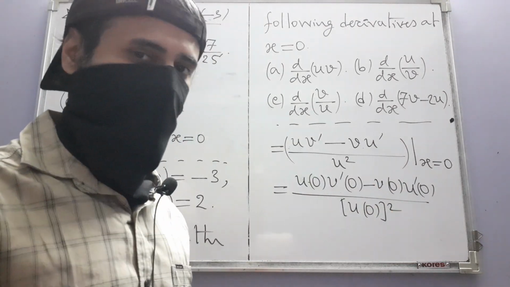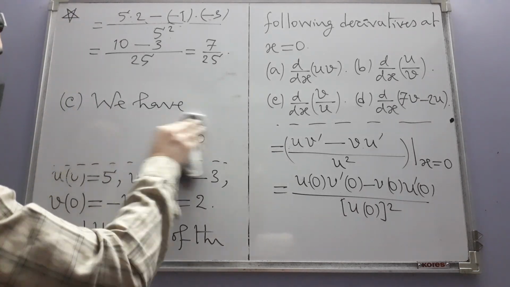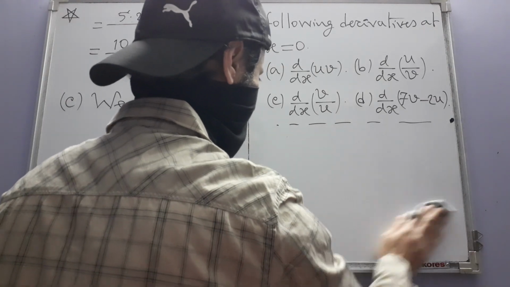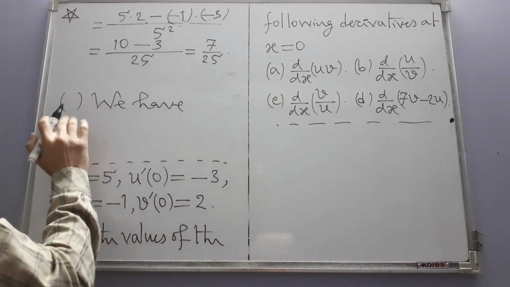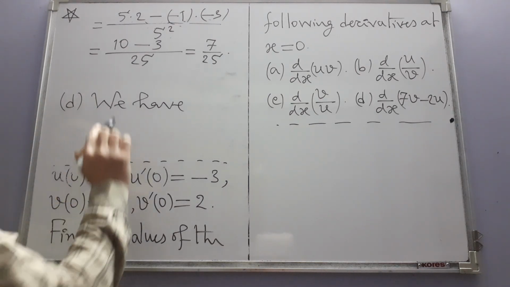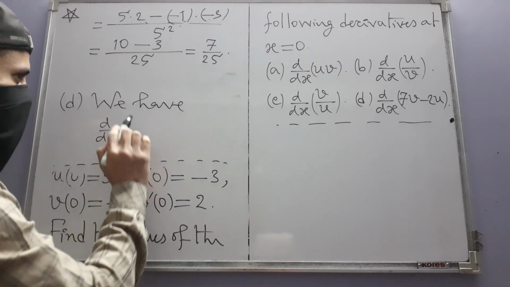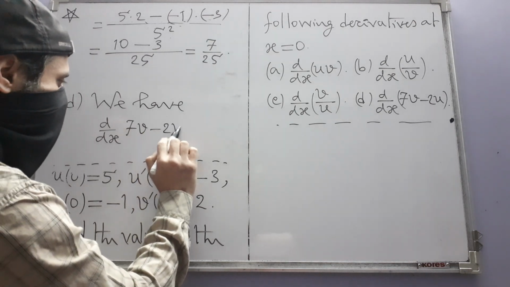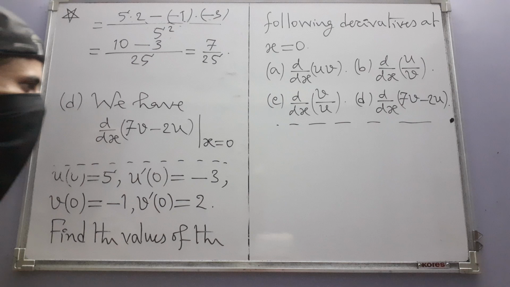D is simply going to need the difference rule and the constant multiple rule, that's all. So here we have d dx of 7v minus 2u at x equal to 0.